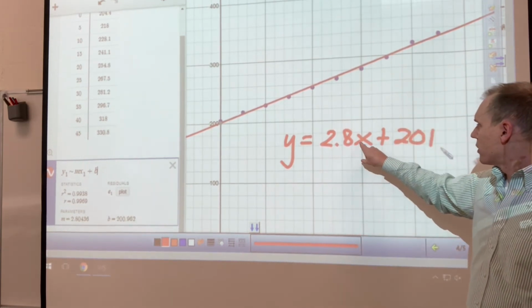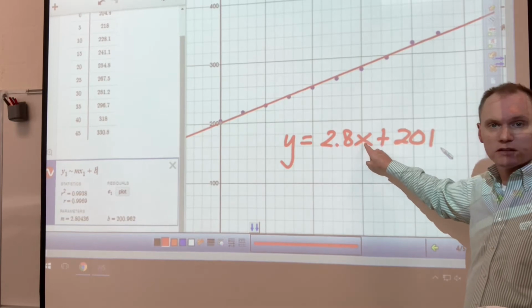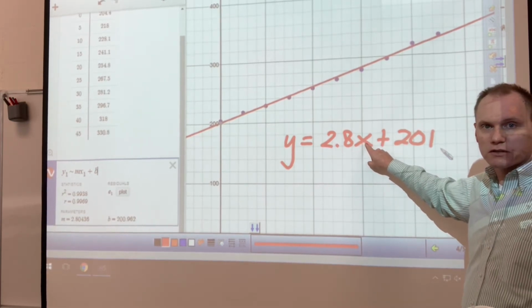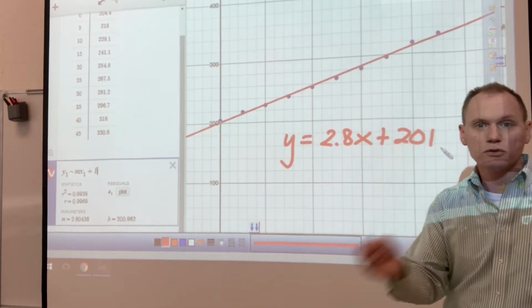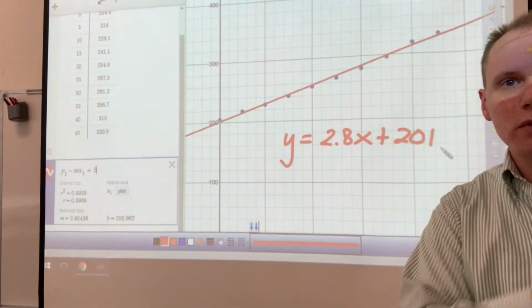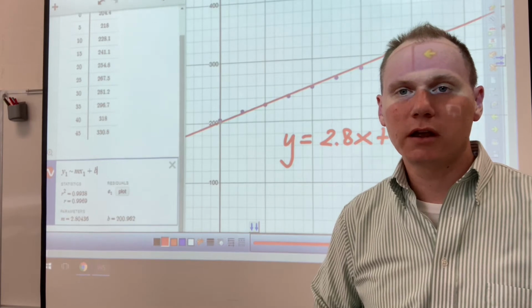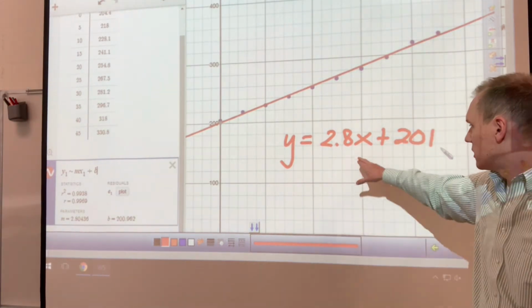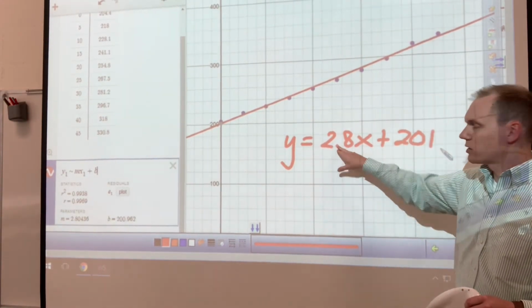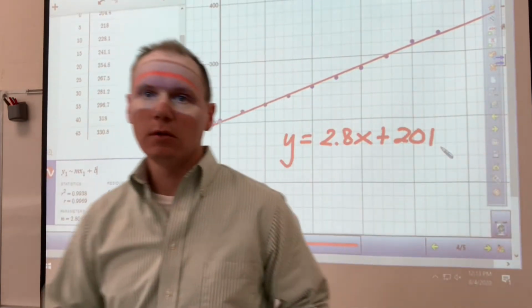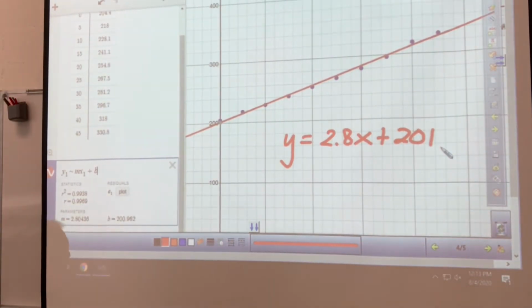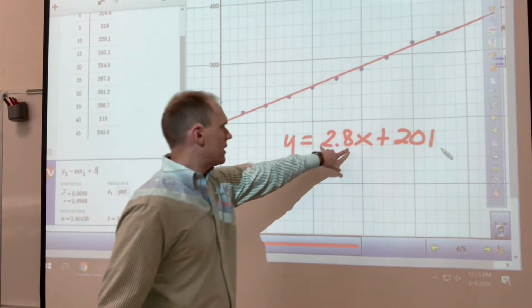So for every increase of 1 in x, well, x is years, years since 1970. So for each additional year, we're going to increase our population by 2,800 people. For every increase of 1 year, we're going to increase by 2.8 thousand people, or 2,800. So that's how we can interpret that value here.